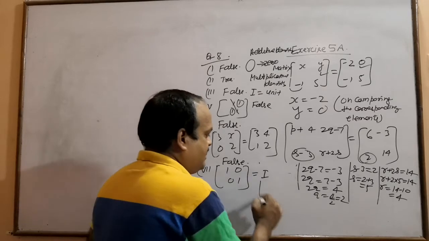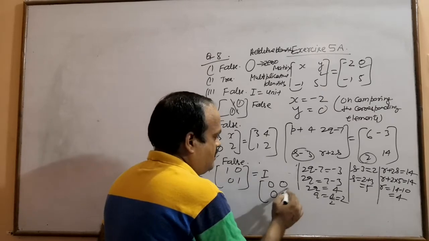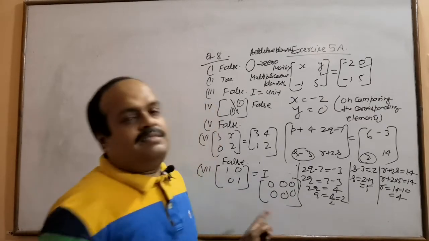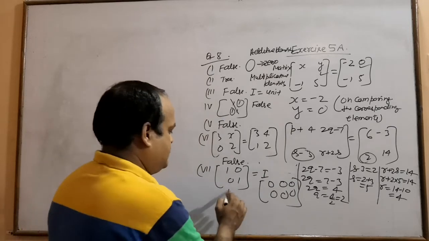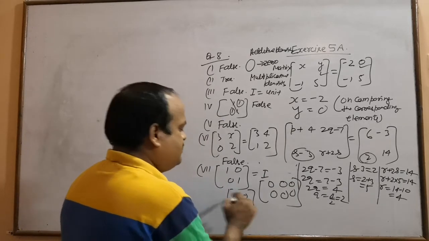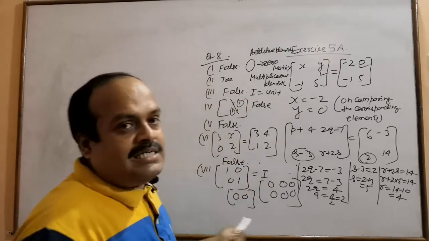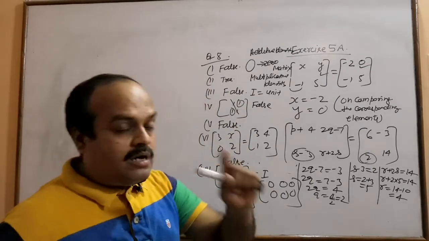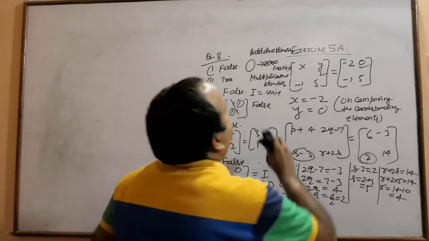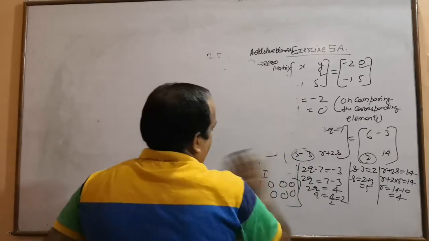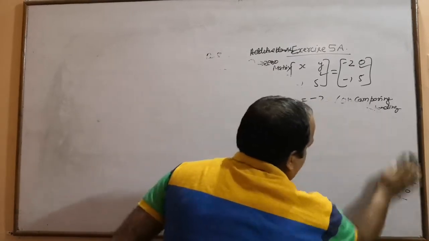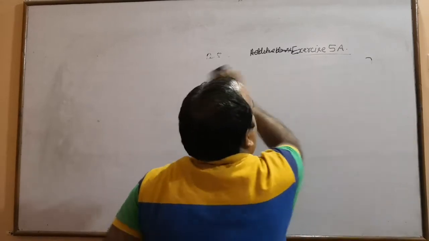The zero matrix is the additive identity matrix. You know it as the null matrix, but it is also called the additive identity matrix, which I don't think you know. So the zero matrix is the additive identity matrix, not the unit matrix.